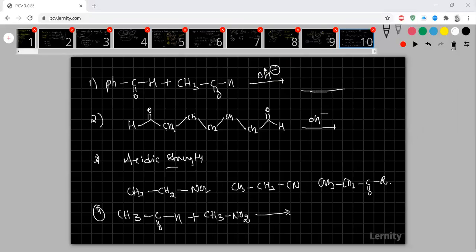Second question is intramolecular aldol condensation. Alpha hydrogens are there. So whenever alpha hydrogen is present, you can go to the aldol condensation, no doubt. If alpha hydrogens are not there, then you can think about the Cannizzaro reaction. I gave hints for two questions, not one question.